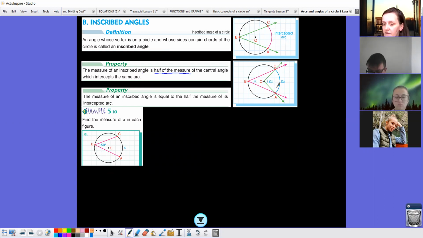So as you see here, this is an inscribed angle and COA is a central angle, but both of them have the same arc in front of them. So this angle is half of the arc. If the arc is 2 alpha, the angle will be alpha.